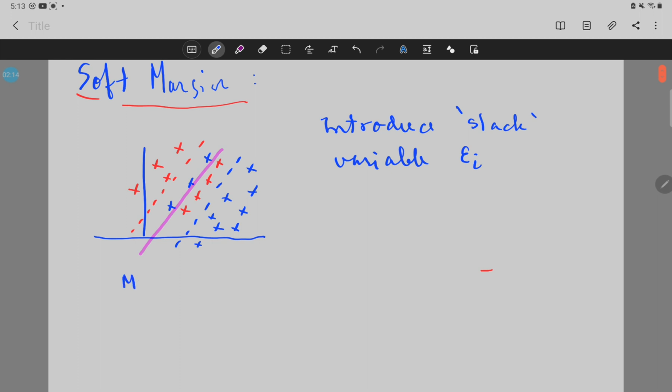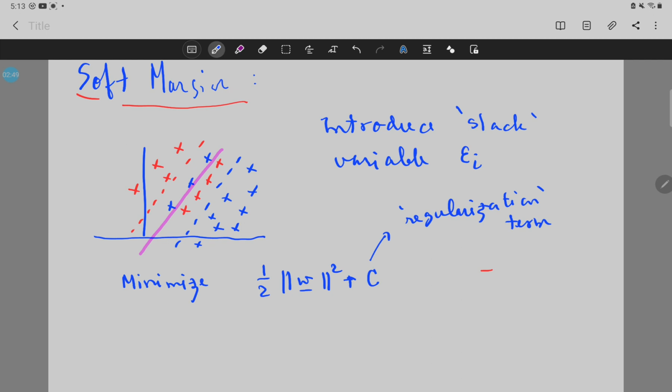With this type of slack variable, we add another term related to these additional errors, and we multiply it with the variable called C. This C is often known as the regularization term, a constant that multiplies all the additional errors, to the power of k.